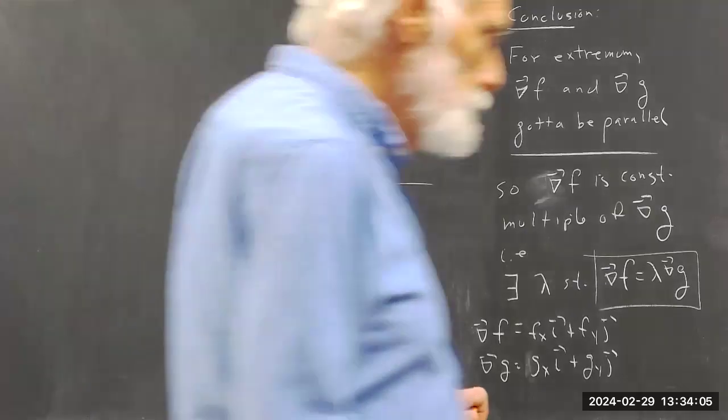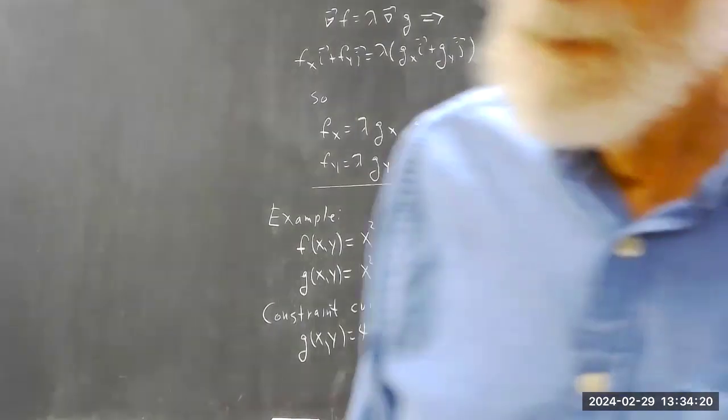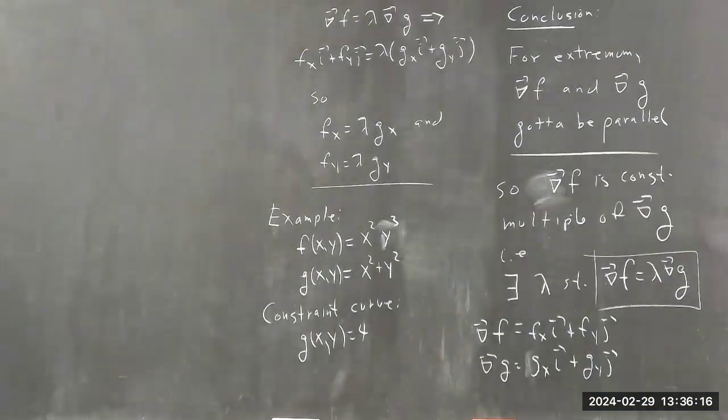Let the constraint curve be g of x, y equals 4. And write out these equations.